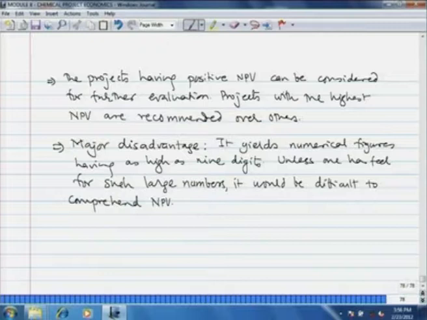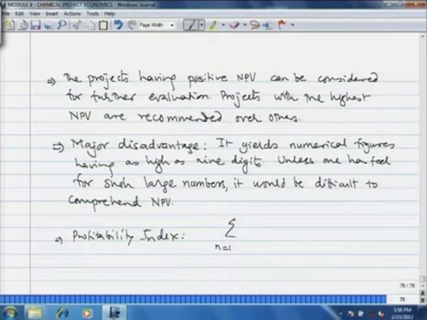The solution is in terms of the profitability index. Now, profitability index is defined as summation and basically the ratio of those summations. In net present value, we had taken the difference of summations. Here we will take the ratio of summations.